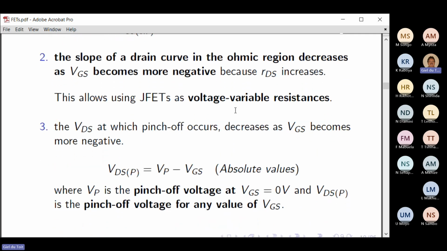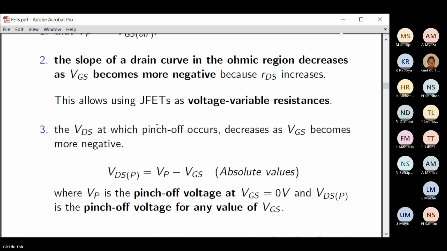So what this means, the pinch off voltage is actually a voltage. Let's make it -5 from now on, which the data sheet tells you it will pinch off at that point. It will be -5. So if the gate source voltage is like -2 volt, then the drain source voltage will be this -5 -2 volt.